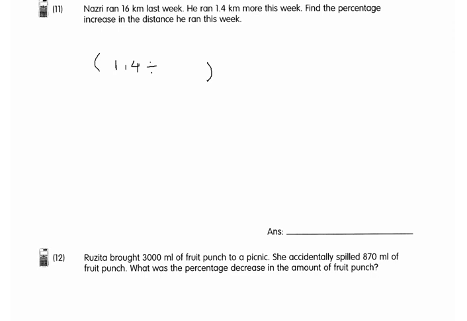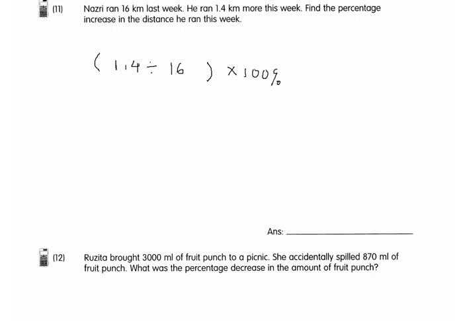divided by how much, Brendan? Divide by 16, because we are comparing to last week. So last week is considered 100%. Understand? Okay. Divide by 16. Then, what should I write here? Times 100%.